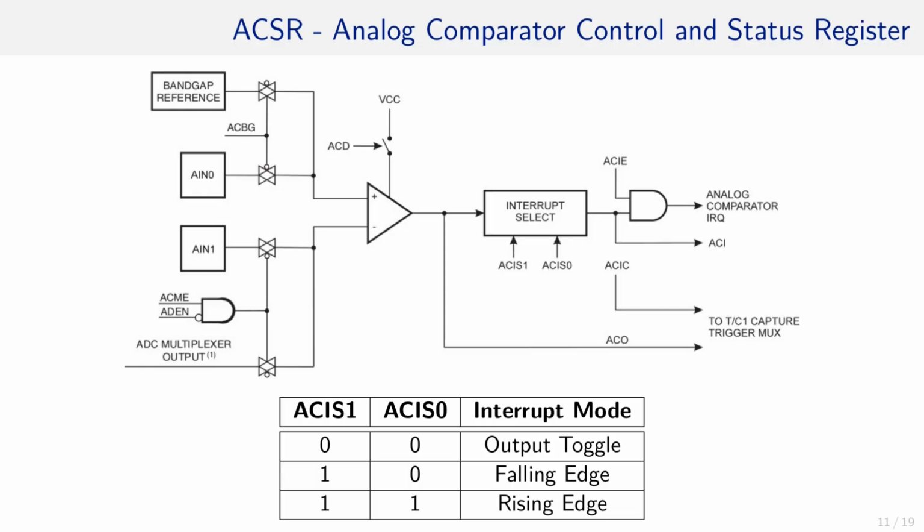However, we have the option to set ACI only if, for instance, the comparator toggles from 0 to 1 or vice versa. So we do not have to check these conditions in software by comparing ACO against its old state and check if it changed when we poll it again.